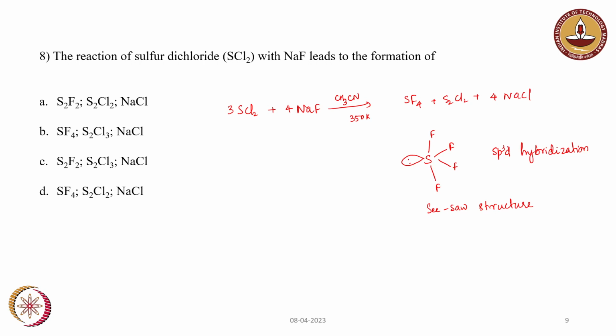So sp3d comes when one lone pair and 4 bond pairs are present. So total steric number will be 5. So 5 hybrid orbitals are required. So sp3d hybridization takes place.